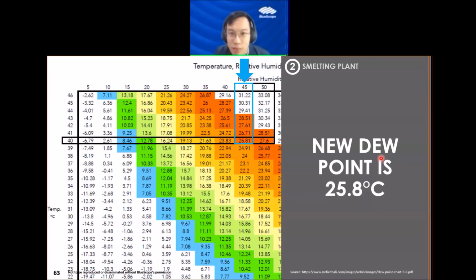So there are many ways to measure it, to answer your question. But if you want to know the RH of your room or space, you can definitely spend less than 50 ringgit to buy a thermostat machine to measure the room's RH.